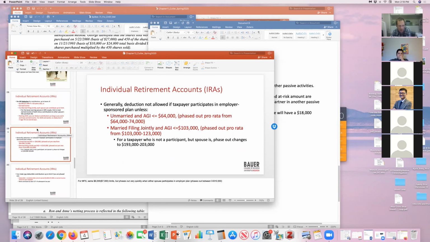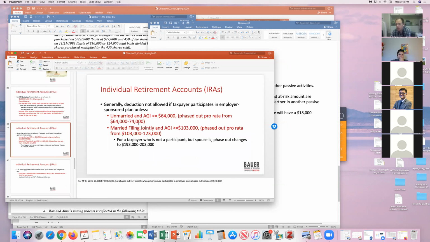The limit here is if you have a job with a retirement plan that you participate in, you can't deduct an IRA once your AGI gets high enough. You can still contribute, but it's not deductible.